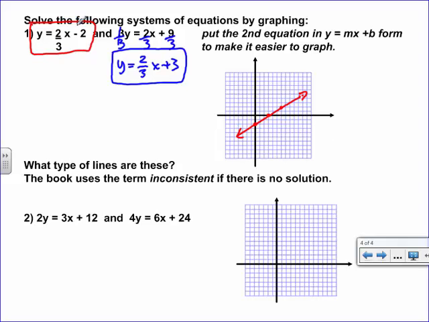The second equation, y equals 2/3 x plus 3, we're going to start up at our y-intercept of +3. Again, it's up 2, over 3. And connect those points.